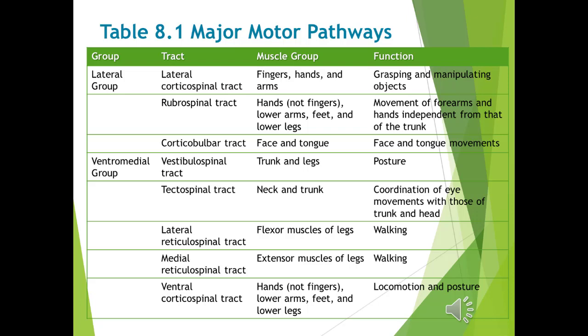So you can see the lateral group and the ventromedial group have different tracts that they involve, and different muscle groups that overlap with specific body parts and have a wide array of postural, gestural, and locomotor functions.